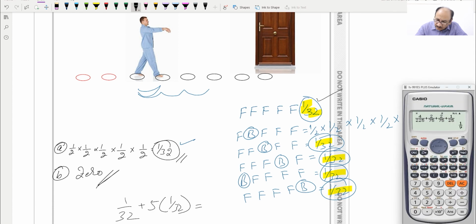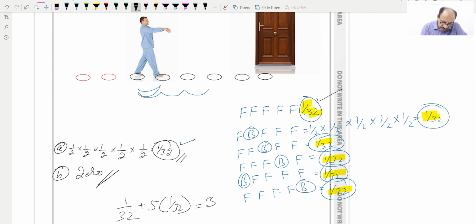This will be resulting to 1 over 32 plus 5 times 1 over 32, and this will be equal to 3 over 16, 3 by 16. This will be the answer for this question.